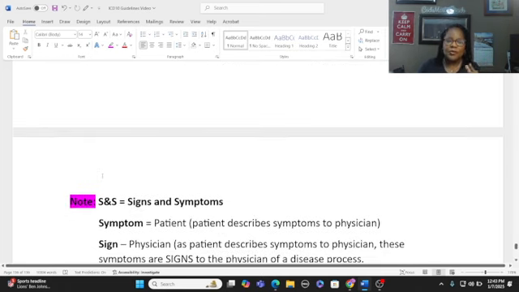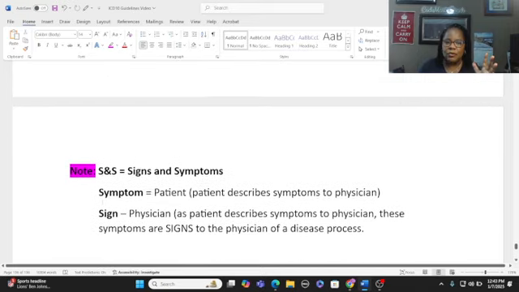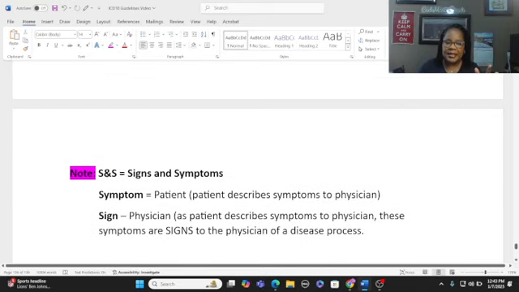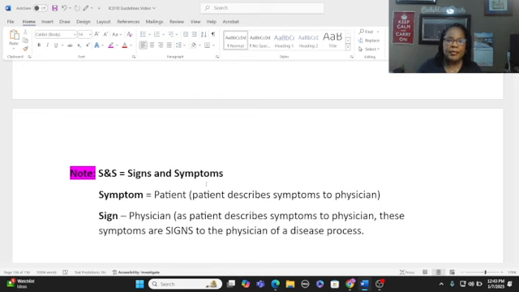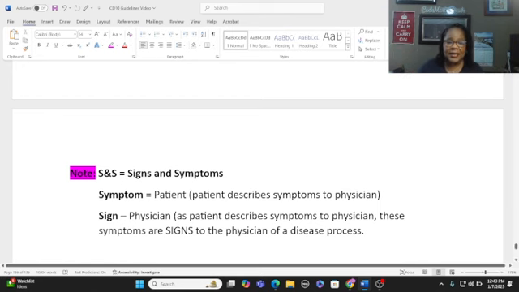Also, I made another note. Of course, it's a Code Master Coach note because it's in purple, and it says S and S stands for signs and symptoms. When I was taking coding classes, when I would see CCs and SSs, I didn't know what they meant. So I wanted to make sure I stressed to you that S and S stands for signs and symptoms. A symptom is what the patient describes, so I put symptom equals patient.